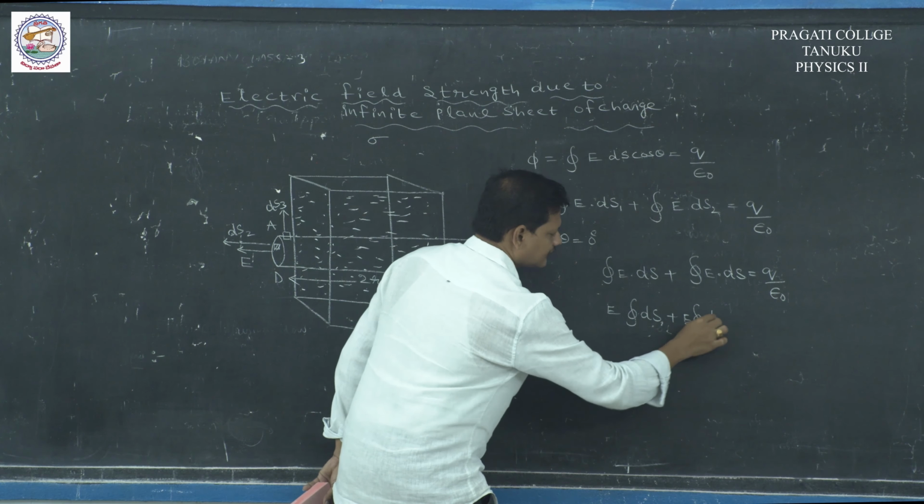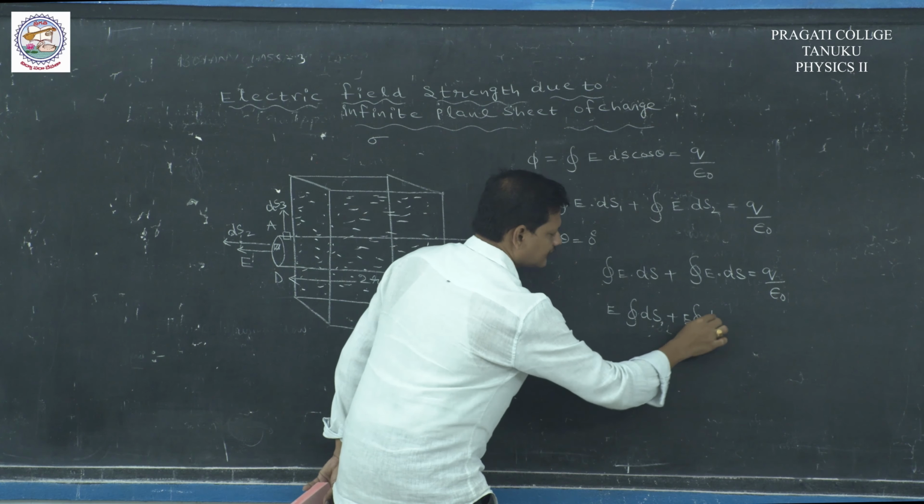Since sigma is the surface charge density, it is defined as charge per unit surface area. So, the flux through the flat surfaces is maximum. Here, consider the flux through ds3 and ds4, which are perpendicular to the electric field. Perpendicular means theta equal to 90 degrees.